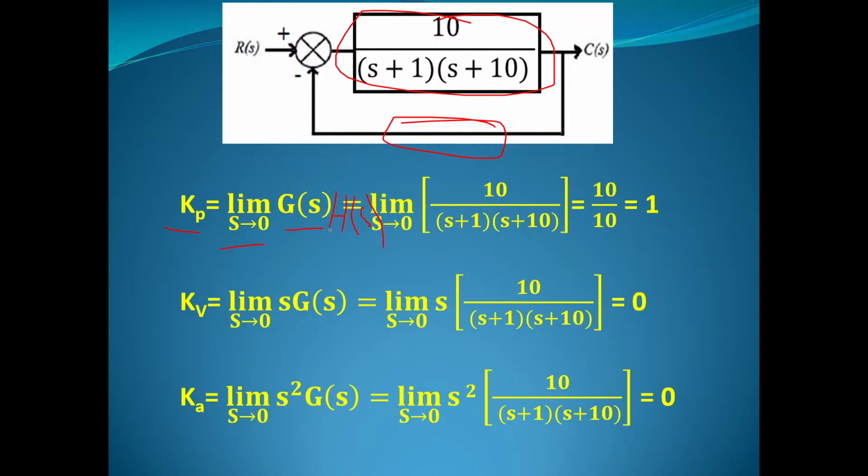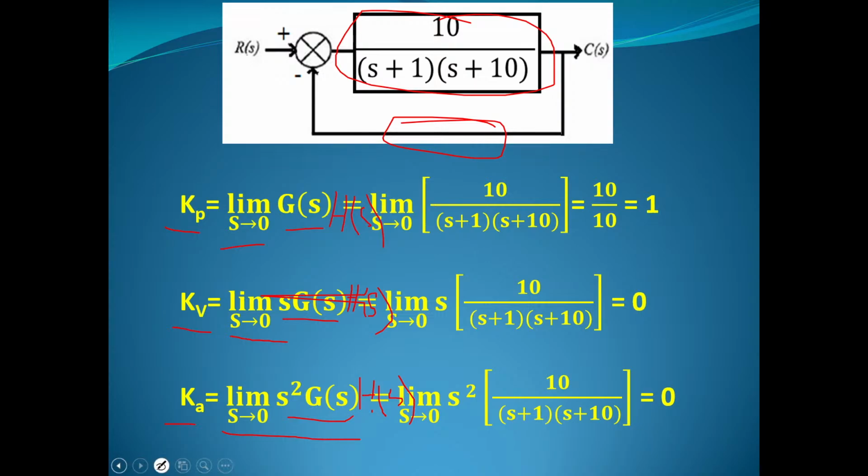That's why we did not write it here. Similarly, the velocity error constant formula is limit s tends to 0, s into G of s into H of s. Similarly, the acceleration error constant formula is limit s tends to 0, s square into G of s into H of s. That is the formula.